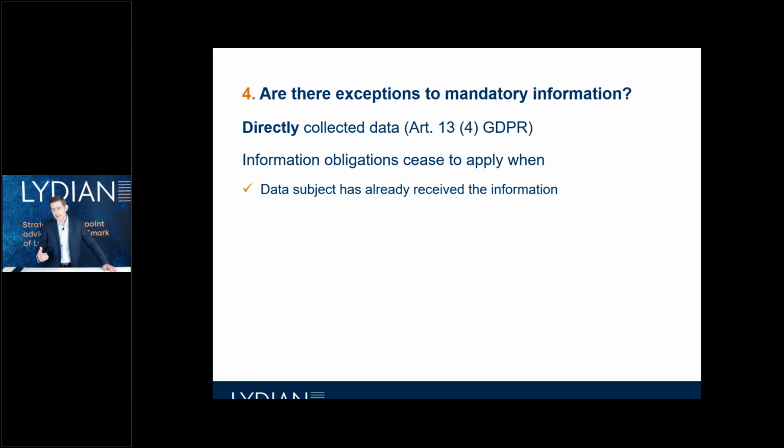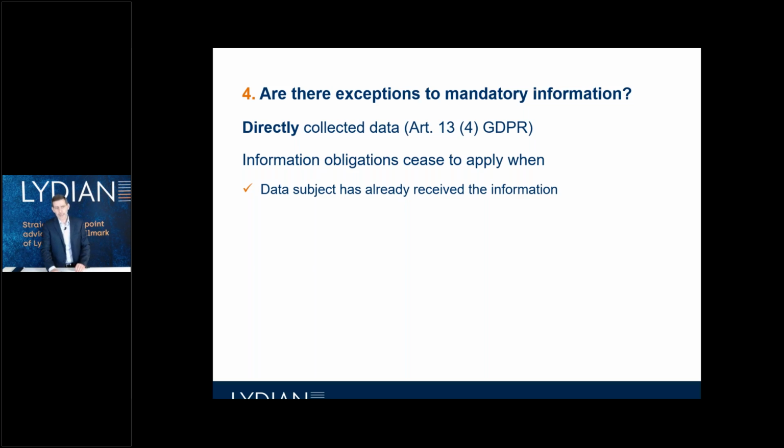Meaning, if you can say that in the past you already communicated this information and the data subject has already received it, then you will not have to comply again with the obligation of Article 13 of the GDPR. But this is basically the only exception to the transparency obligation of Article 13 of the GDPR.